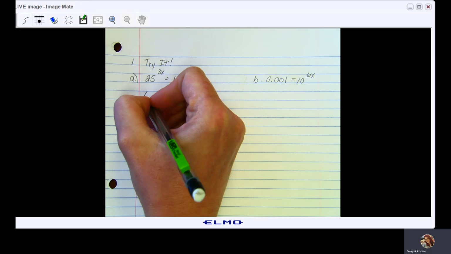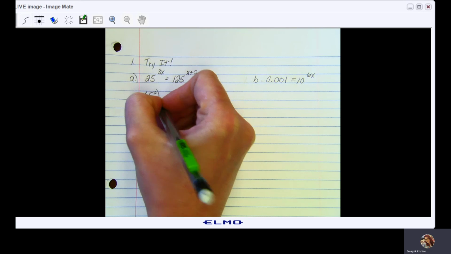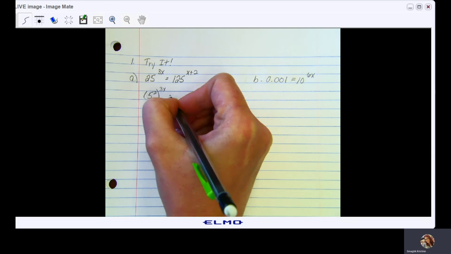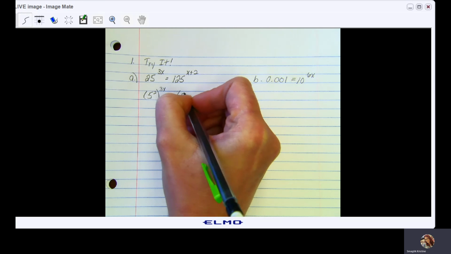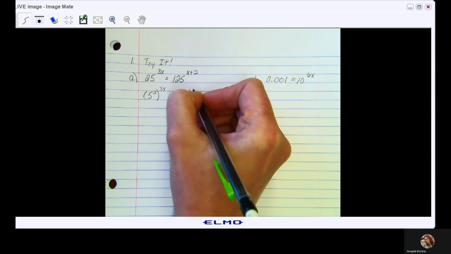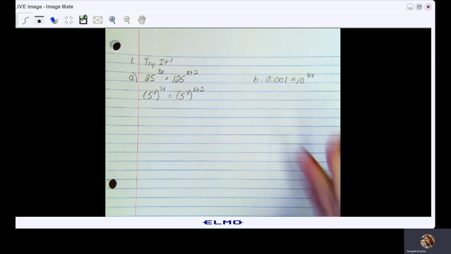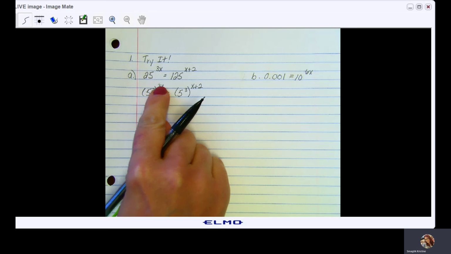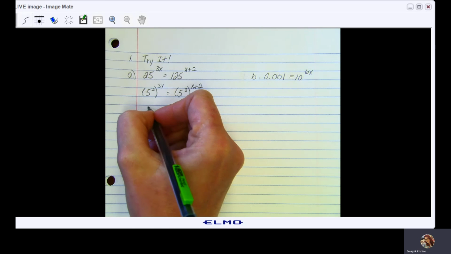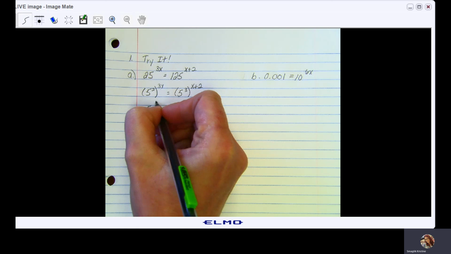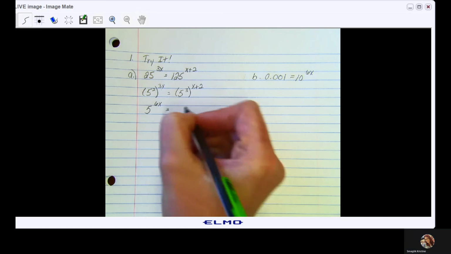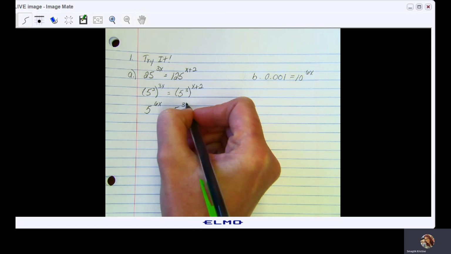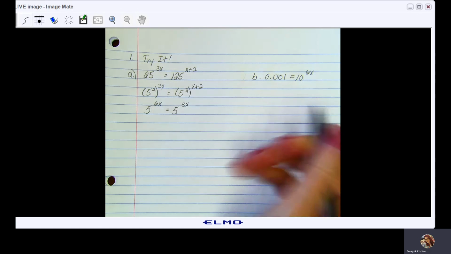So let's rewrite 25 as 5 squared raised to the 3x, equals 125 is 5 to the third power raised to the x plus 2. Now let's use our power of a power property. This is 5 to the 2 times 3x, which is 6x, equals 5 to the 3 times x, which is 3x, 3 times 2 is 6.